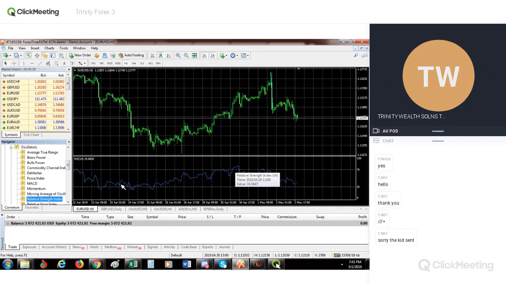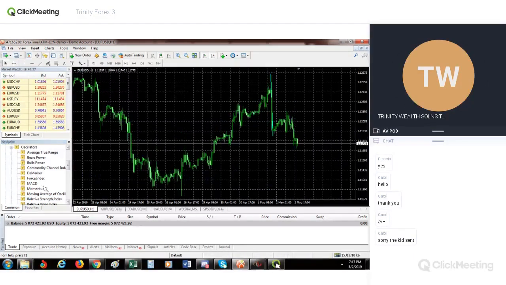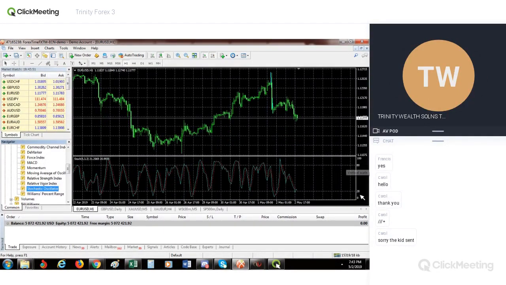All right. So the other thing we saw was the stochastic oscillator, and we said it also plays the same role. Stochastic oscillator also tells us if an instrument has been oversold or overbought. The reading is from 0 to 100, but we use 80 and 20.